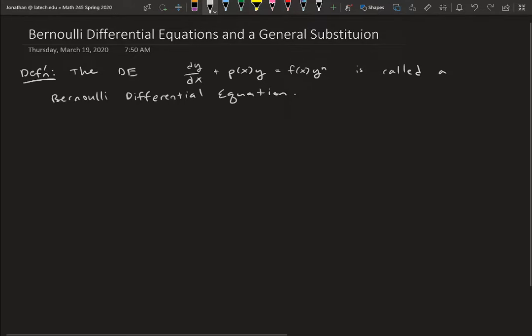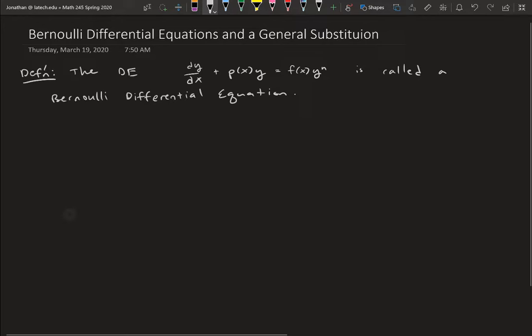So yeah, that's a Bernoulli differential equation. For n equals 0 and n equals 1, it's a linear equation. If n equals 0, it's separable. If n equals 1, it's a linear equation, possibly still separable. Otherwise this is a nonlinear equation because of this y to the n power right here.